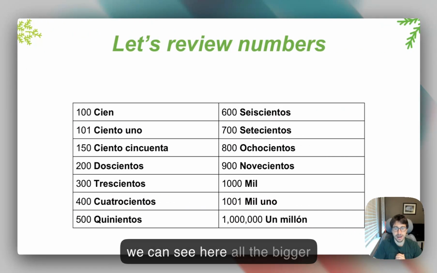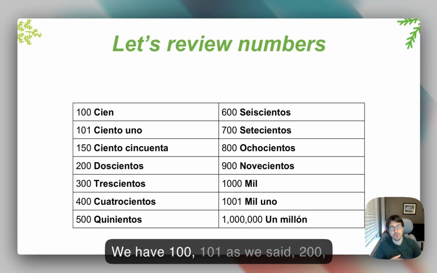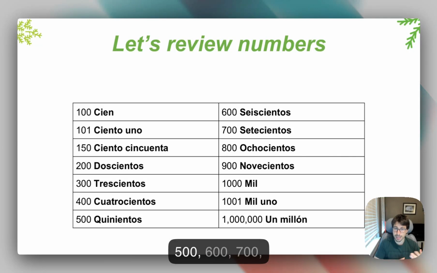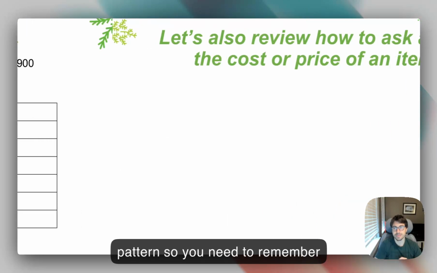And we can see here all the bigger numbers we can create in Spanish. We have 100, 101 as we said, 200, 500, 600, 700, 1000, 1001, and so on. Also remember that 500, 700, and 900 do not follow the same exact pattern, so you need to remember that.